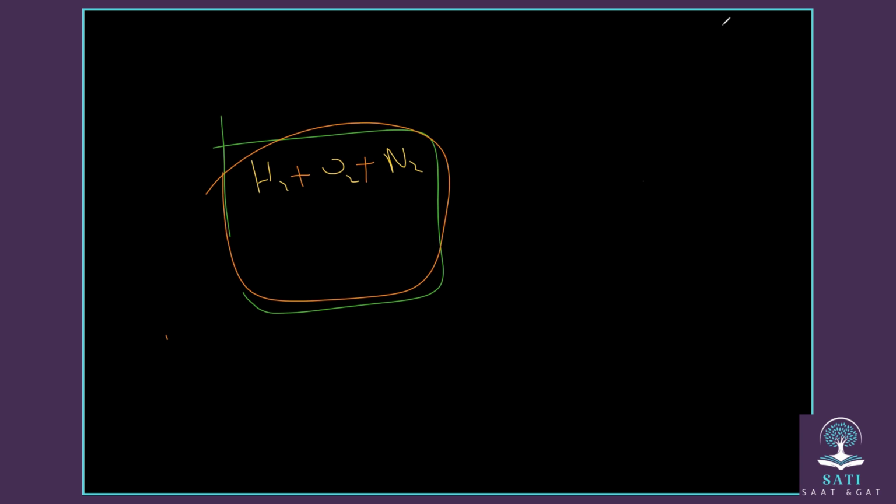So if I want to get the total pressure of these gases, I find the partial pressure of hydrogen, the partial pressure of oxygen, and the partial pressure of nitrogen. When I find the sum, it represents the total pressure of the gases in this container.